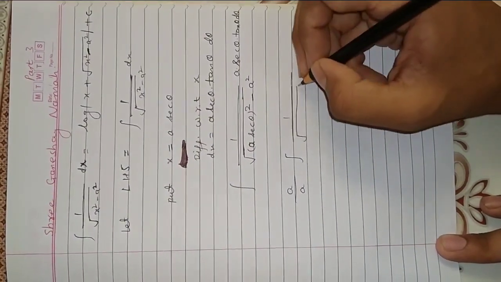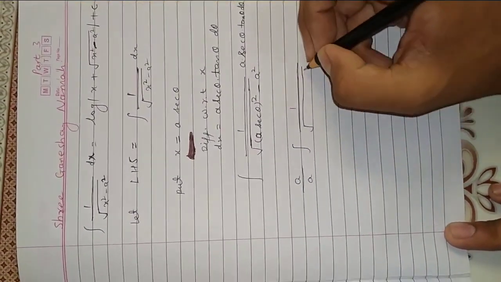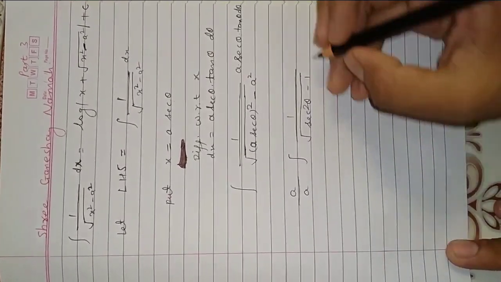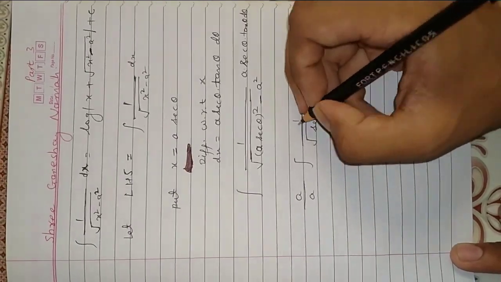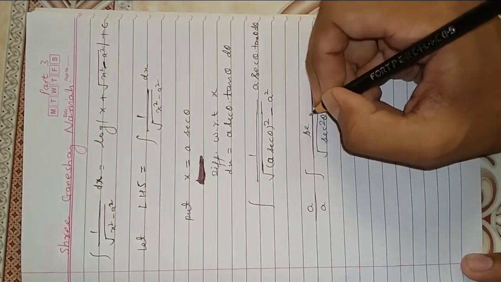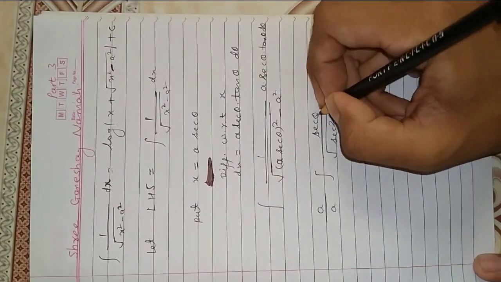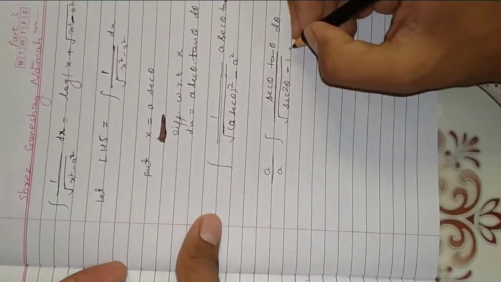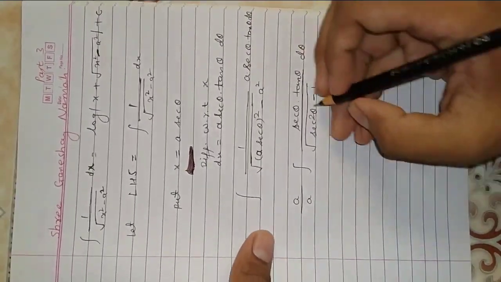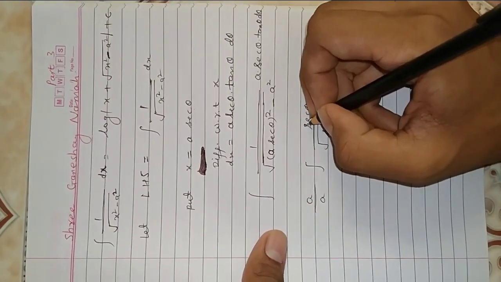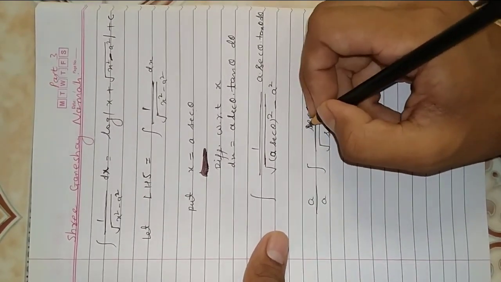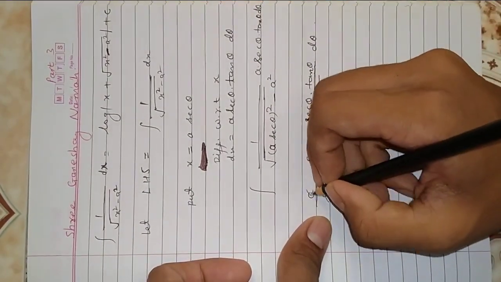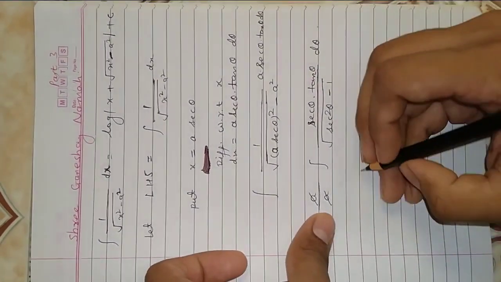So my expression will become sec square minus 1 in the denominator, and in the numerator sec theta into tan theta as a factor, isn't it, guys? I need your mutual cooperation. We are going to solve this integral. So a and a are going to cancel.